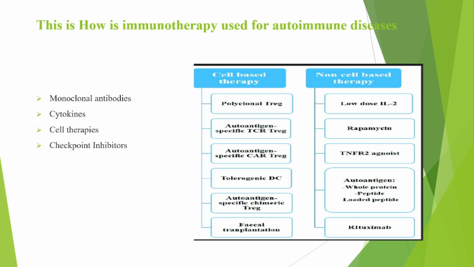There is cell-based therapy and non-cell-based therapy. For cell-based therapy, there is polyclonal Treg, auto-antigen-specific T-cell receptor Treg, auto-antigen-specific chimeric antigen receptor Treg, Trojan DC, and others.